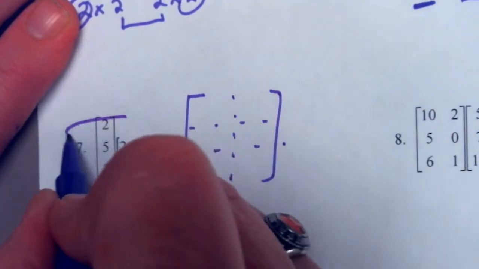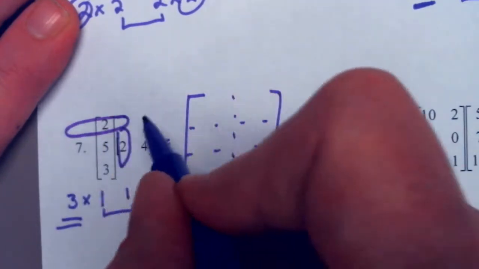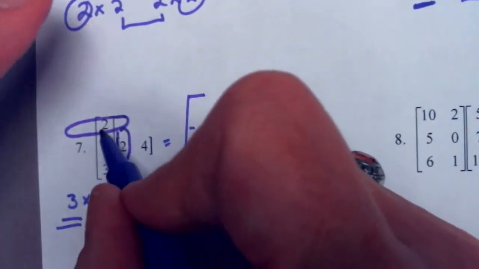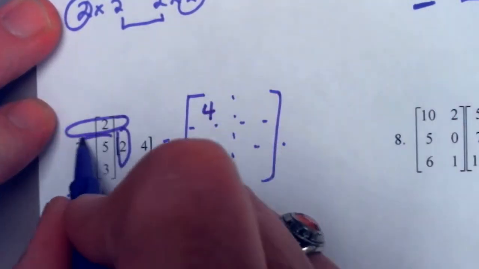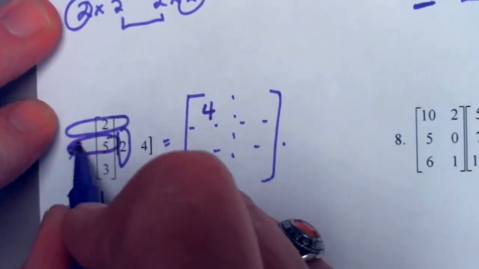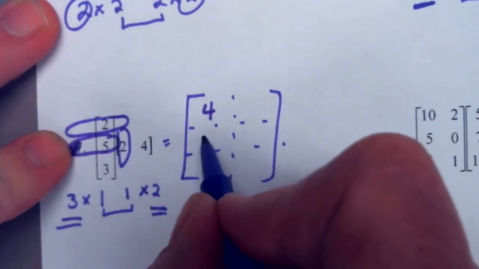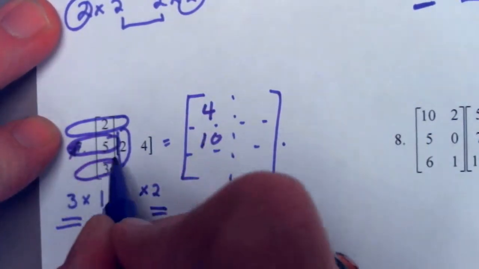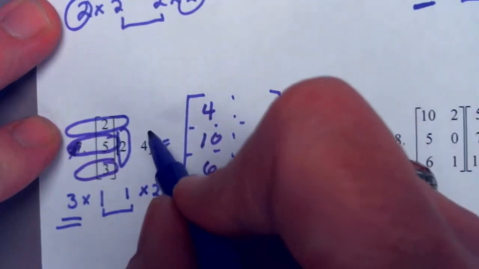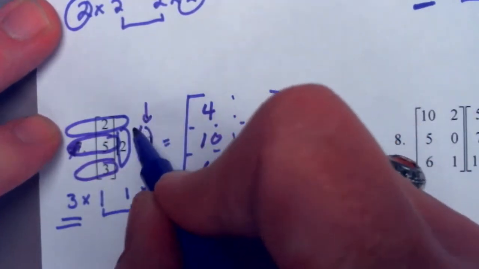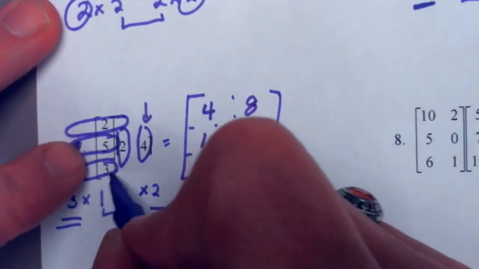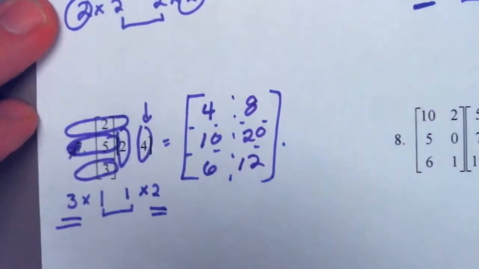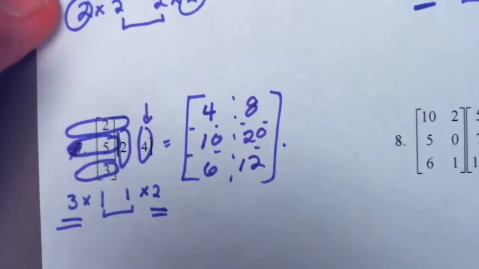When you think of this, you realize that there's only 1 element in each row and 1 in each column. 2 times 2 is 4. Then we move down to the second row. 2 times 5 is 10. Then 3 times 2 is 6. Then we just move on to the second column. 2 times 4 is 8. 5 times 4 is 20. And 3 times 4 is 12. Okay, so that's how that one works.